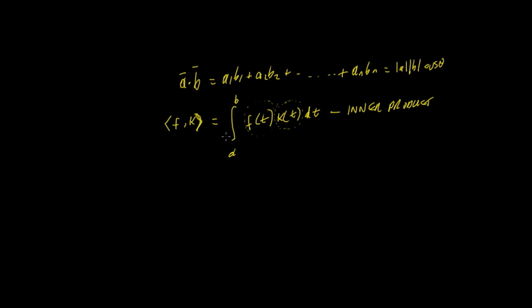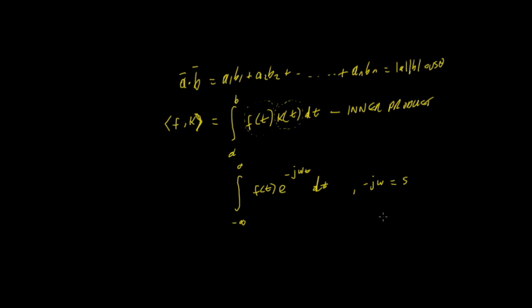Now when we did the Fourier transform, we looked at it as the integral from minus infinity to infinity of a function f of t. The k of t that we used, the orthonormal basis, was e to the minus j omega t dt. Now if you like, we could replace this minus j omega with our value s.